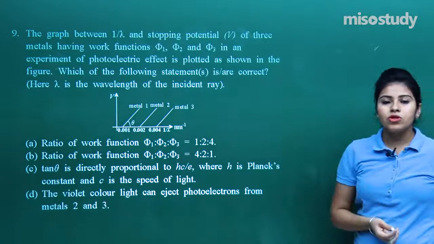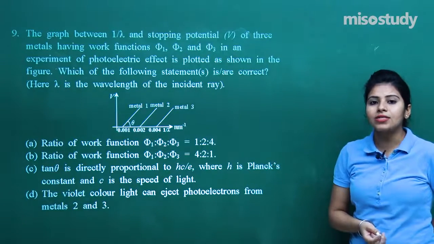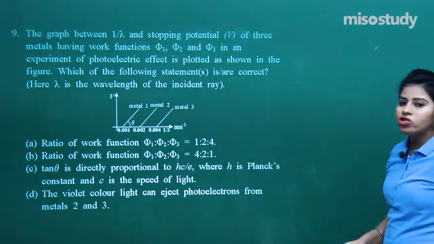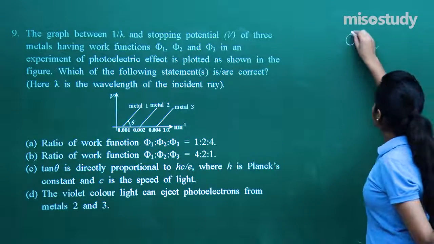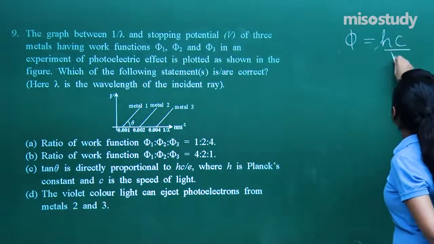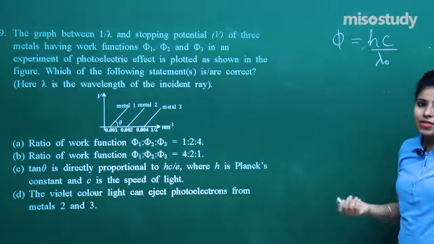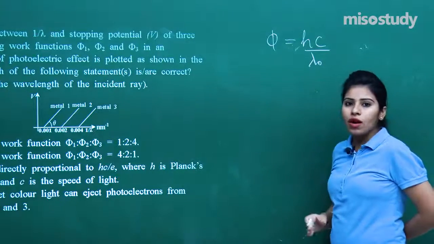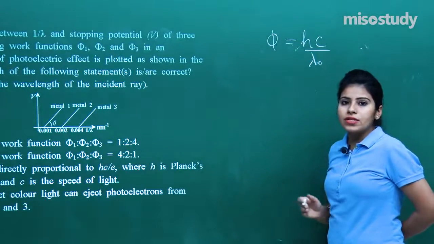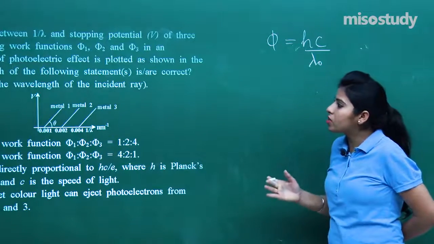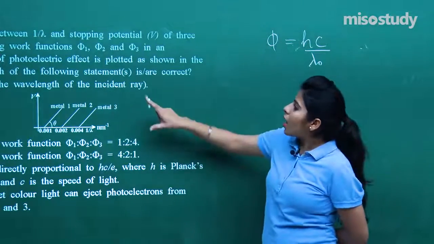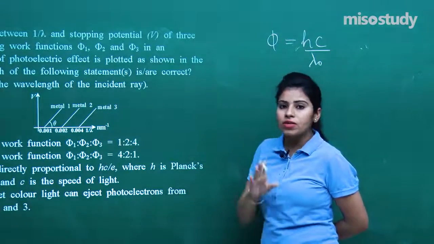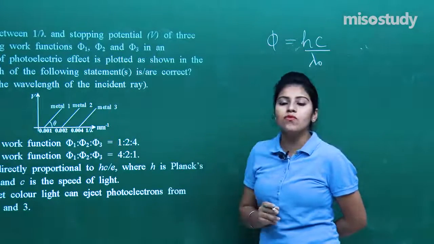You know that the work function can be written as H into C by lambda naught. Now we have to find the ratio of phi 1, phi 2, phi 3. I have been given the work function and 3 wavelengths in terms of 1 by lambda.